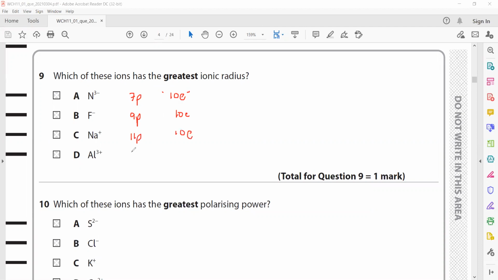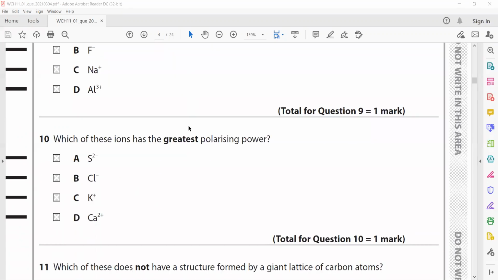And aluminum has 13 protons and 10 electrons. So the greatest is the one with the least attraction. When we work it out, because more electrons are there for fewer protons, there is less attraction, so nitrogen has the greatest ionic radius.